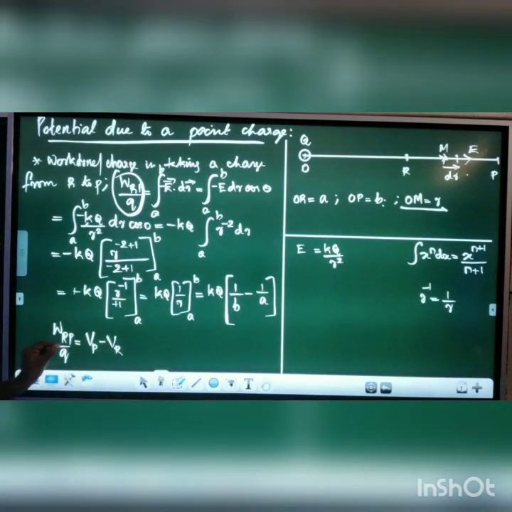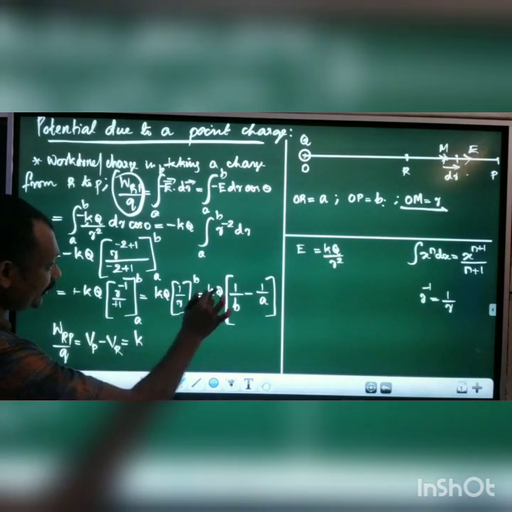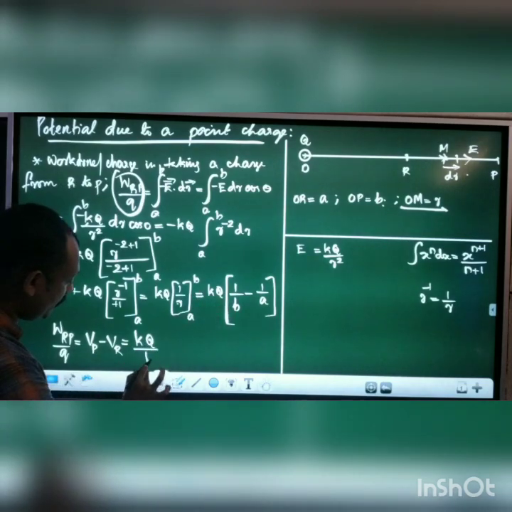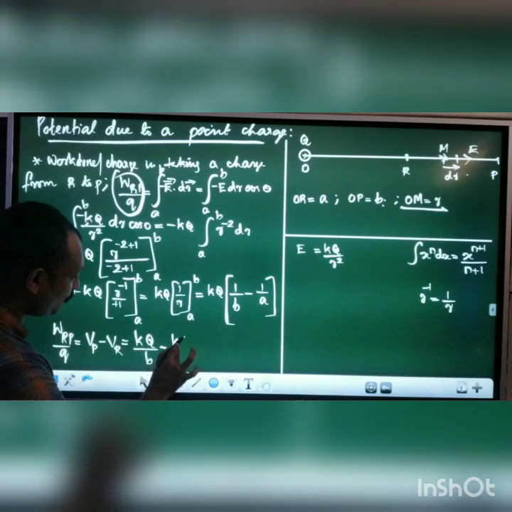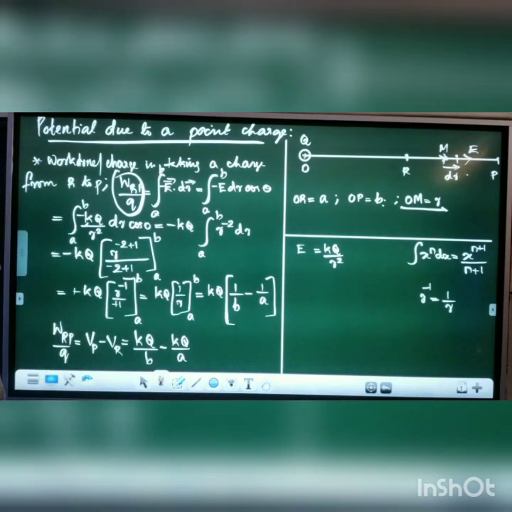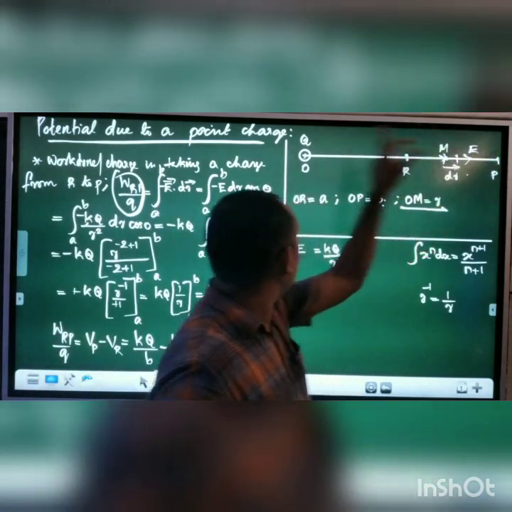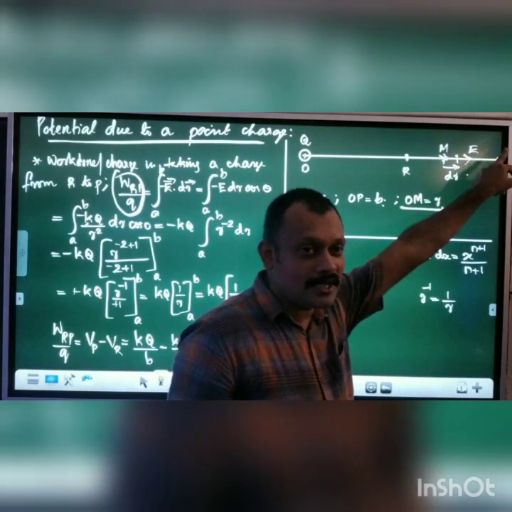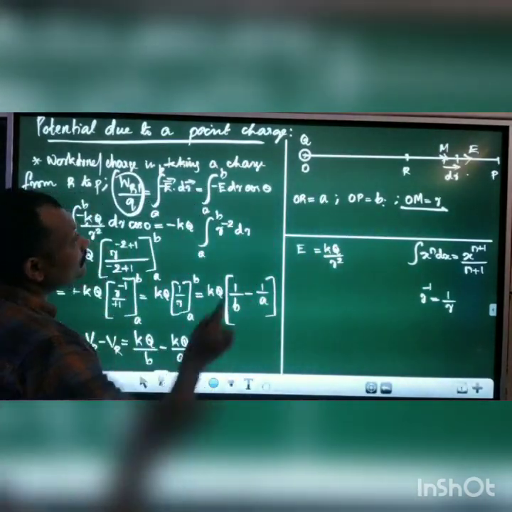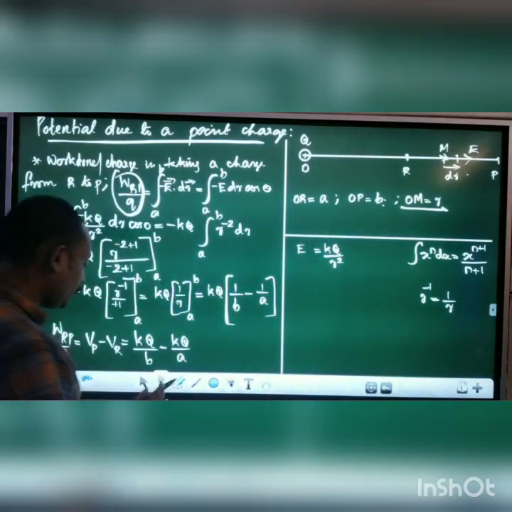So I can write it as KQ, opening this bracket, multiplying with B: KQ by B minus KQ by A. What is B here? It is the distance of the point P from Q, that is OP is equal to B. What is A here? It is the distance of the point R from O.